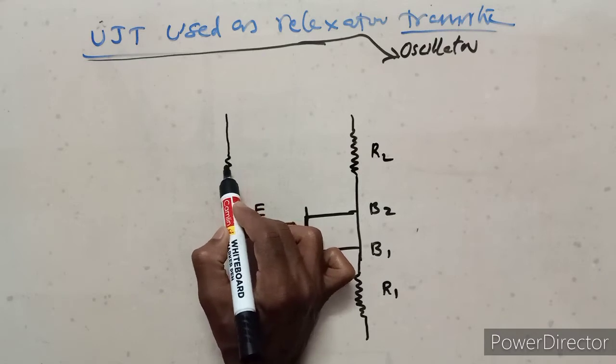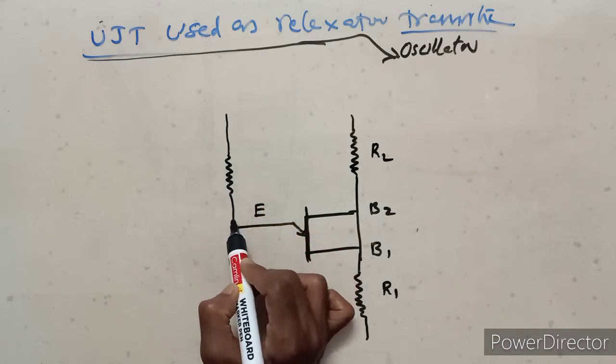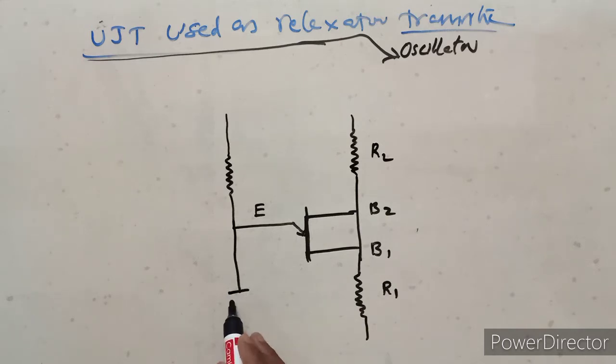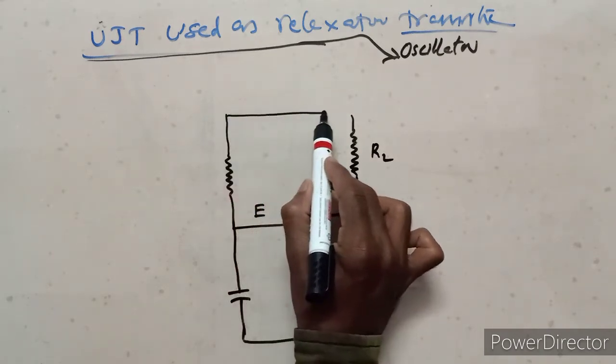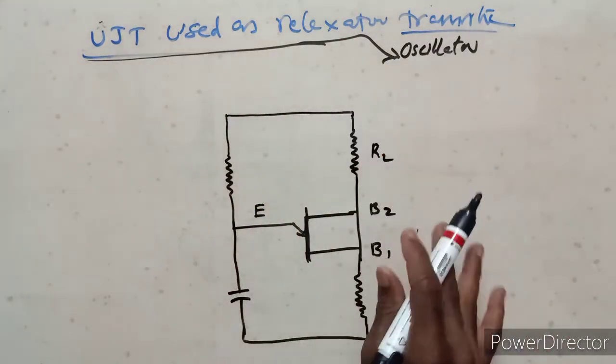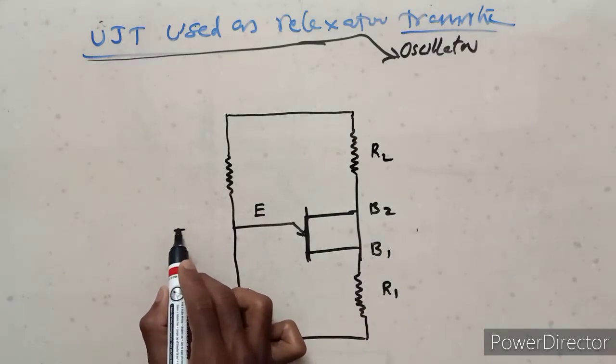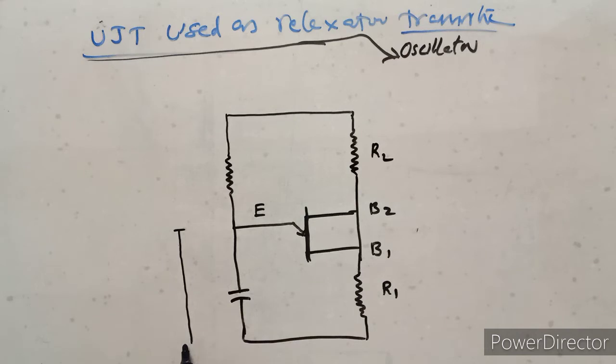The emitter is connected to a resistance and also to a capacitor. So this is the circuit diagram. This is the voltage between emitter and base 1, the emitter voltage.